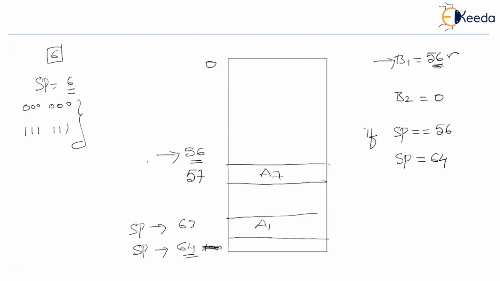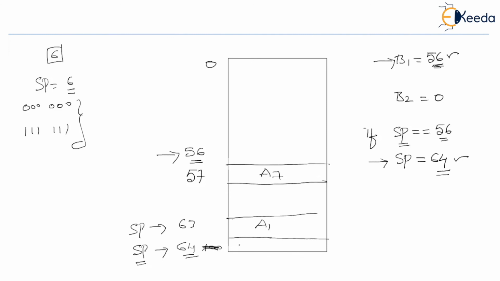After 57, you will come back to 64, but not to 56. But the convention of decrementing the stack pointer will take you to the 56, in which you're going to check if SP is equal to 56, then you're going to make stack pointer manually to 64. So stack pointer will come back to the 64 with this instruction, in which you're going to put the final value.